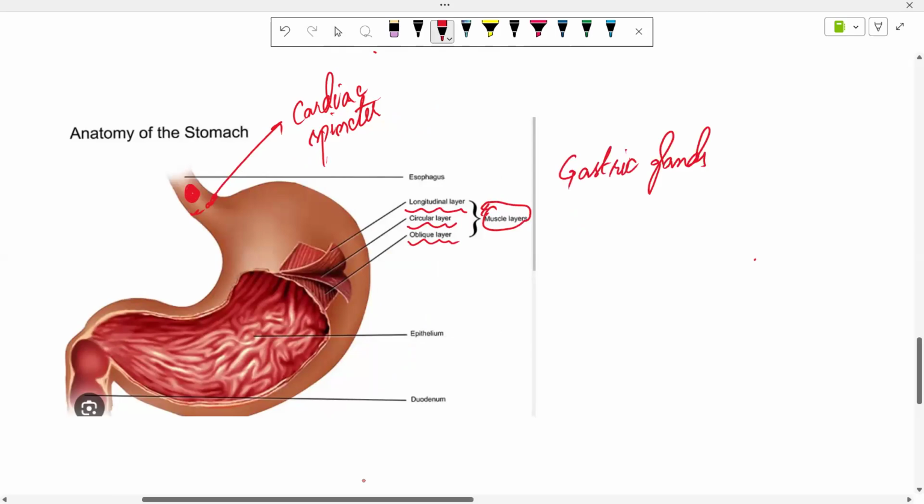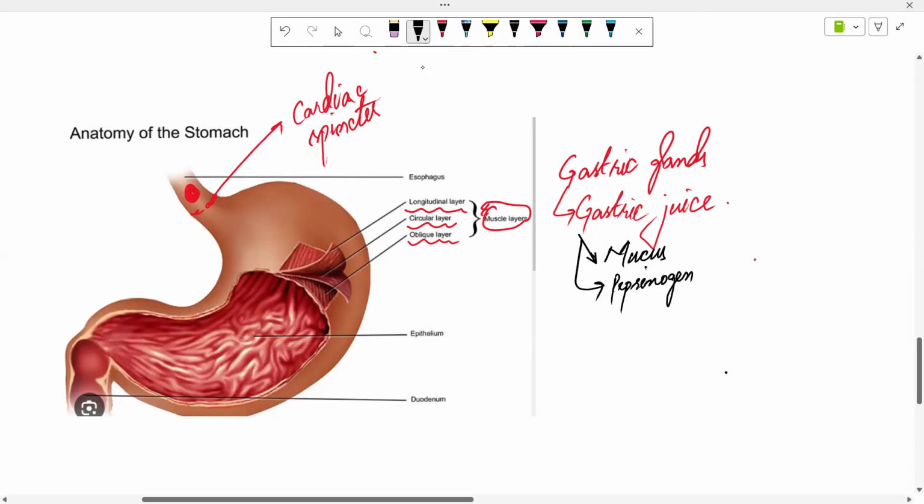Gastric glands release the gastric juice. This gastric juice contains, number one, mucus. Number two, pepsinogen, which is the inactive form of the enzyme. And number three, HCl, hydrochloric acid.